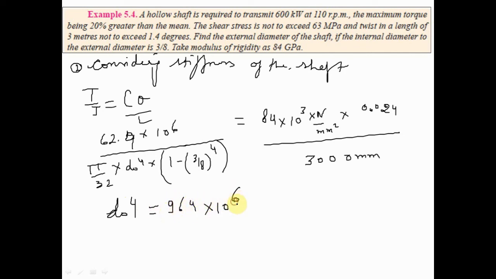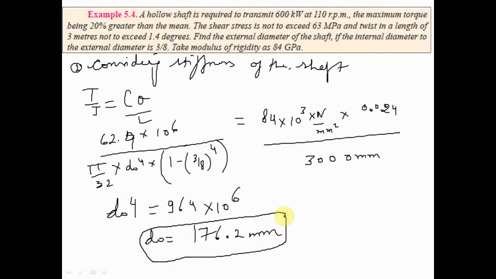So d outer you will be getting 176.2 millimeters. This is the value of d outer to the power 4, and d outer is equal to 176.20 millimeters.